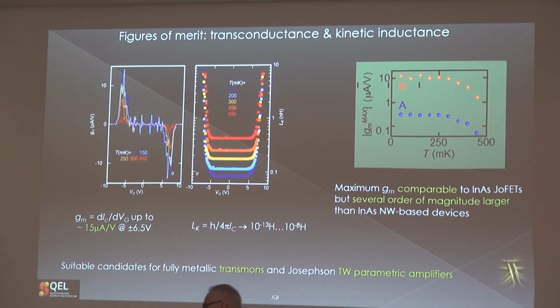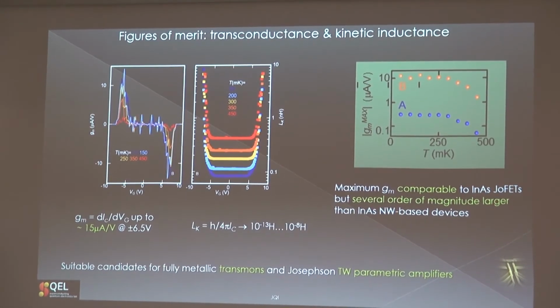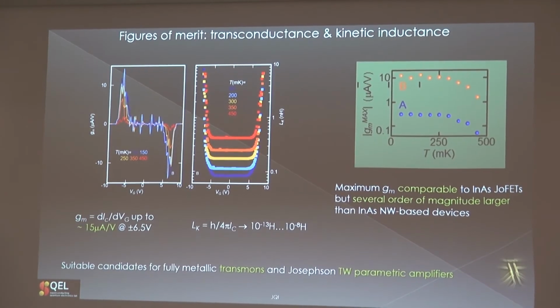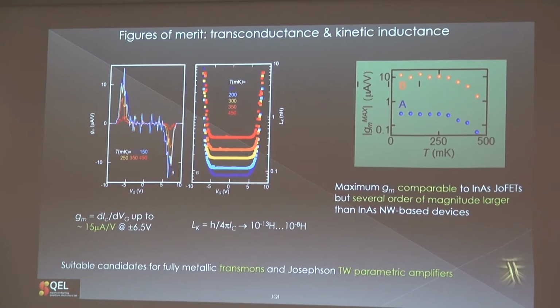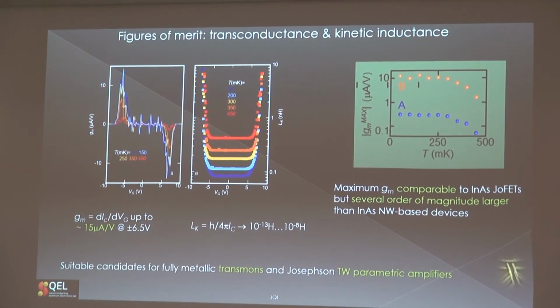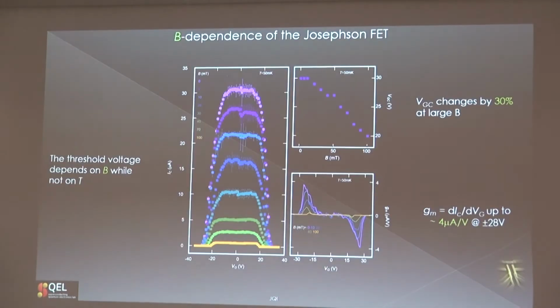Maybe it's very noisy, but even though it is noisy, it could be useful for other applications inside the superconducting quantum circuit, for instance to re-equilibrate the states, to couple well with the bath. So there are several ideas, at least in my head, to try to exploit this for metallic transmons or Josephson traveling wave parametric amplifiers.